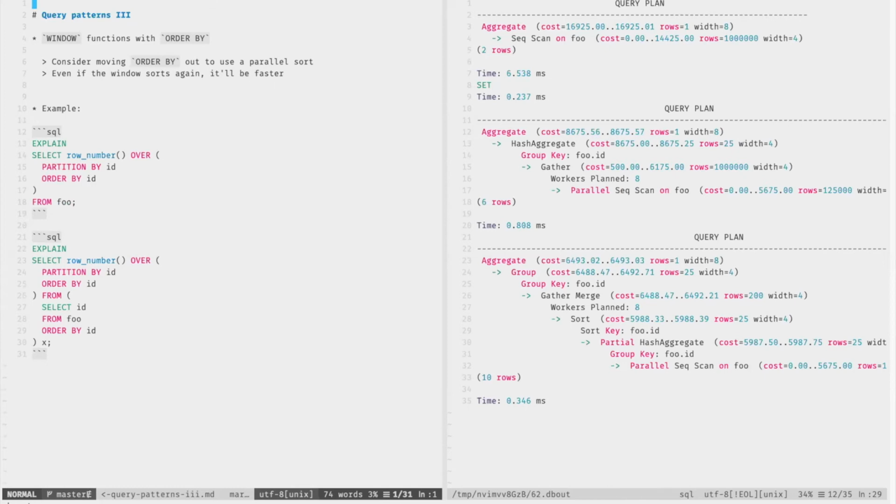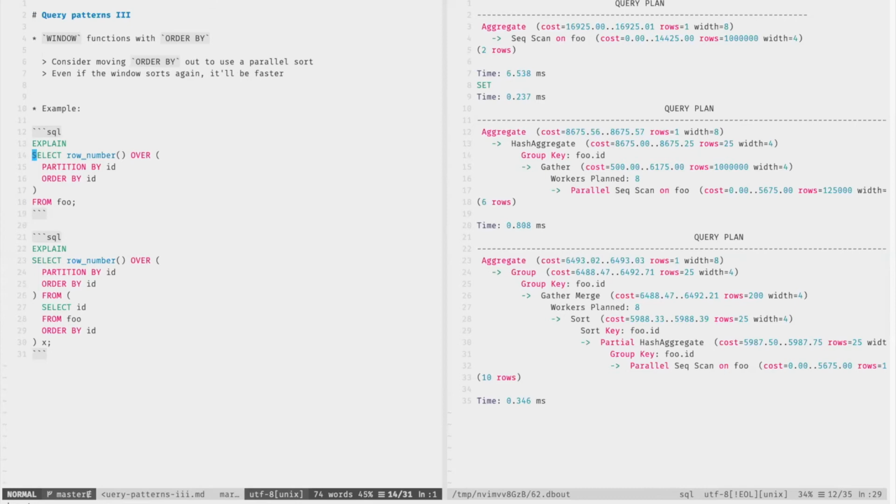However, given the sequential nature of window functions, if you hit one of these and it has an order by, you want to pull the order by out. Why? Because if it does the order by outside the window function, it's going to be parallel. And this is, again, what we want, right? So you see already, I'm very much on the parallel queries track here.